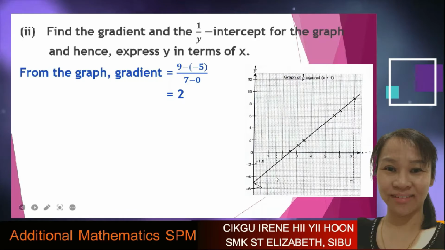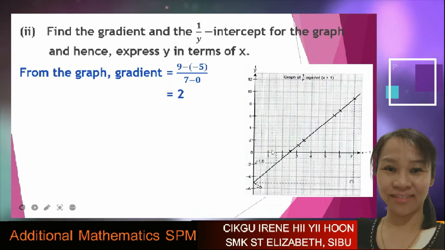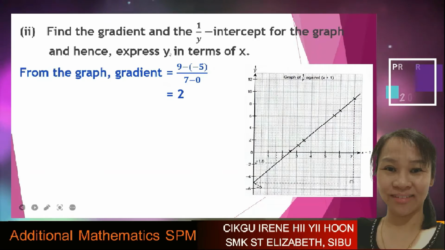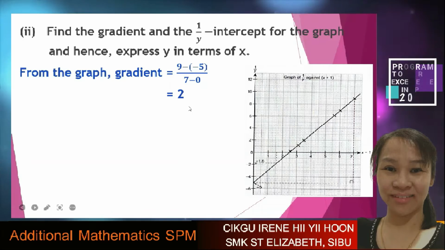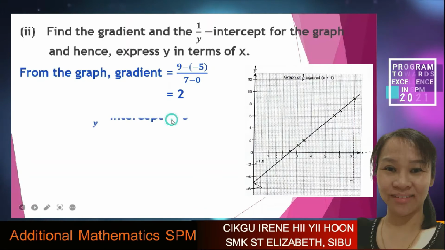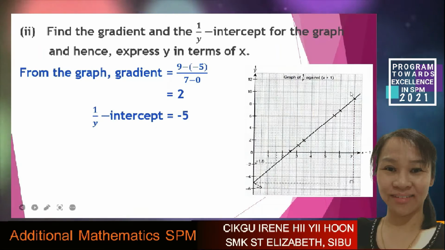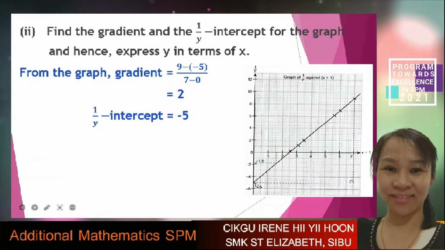We just choose any 2 points from the line and substitute the points into the formula of the gradient. So the value of the gradient here is 2. And then how about the 1 over y intercept? By referring to the graph, the y-intercept here is negative 5.